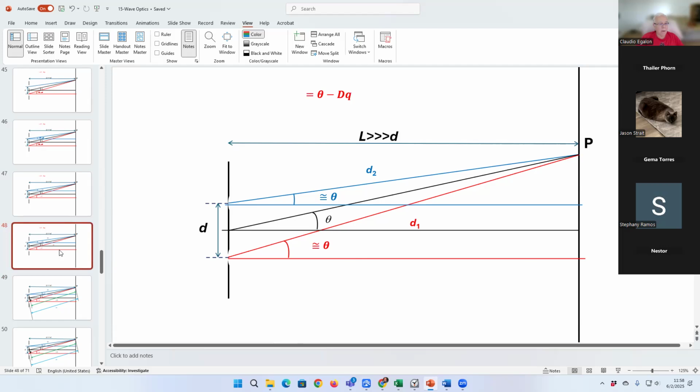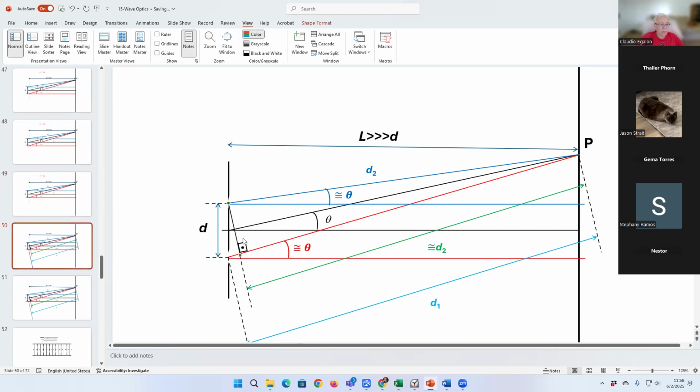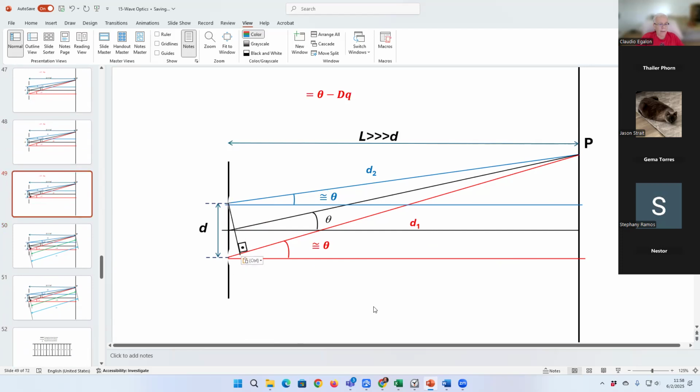And now I'm gonna show you something else. Copy and paste. I am going to come up with a right angle triangle, right in here. Here's my right angle triangle.